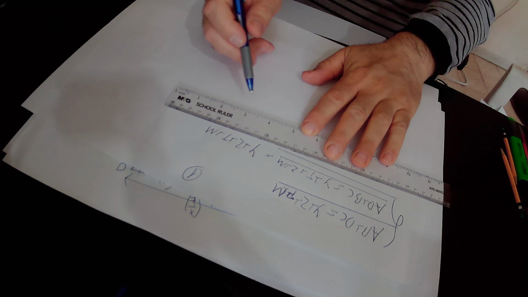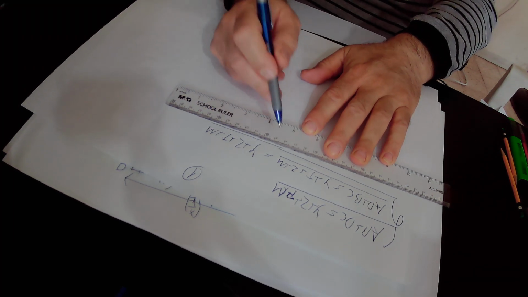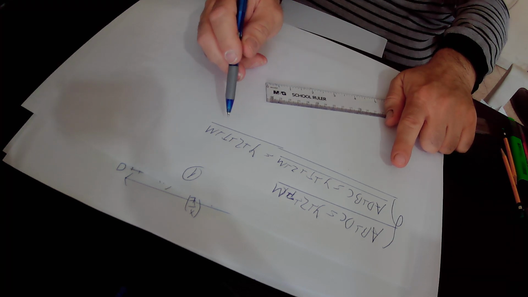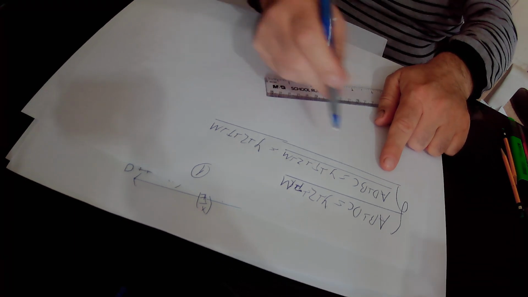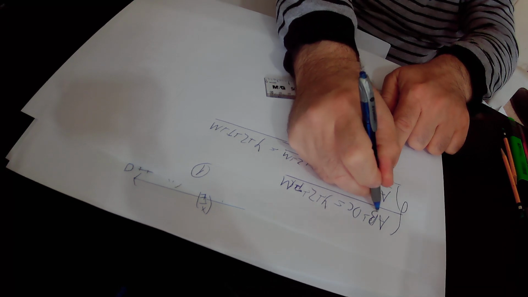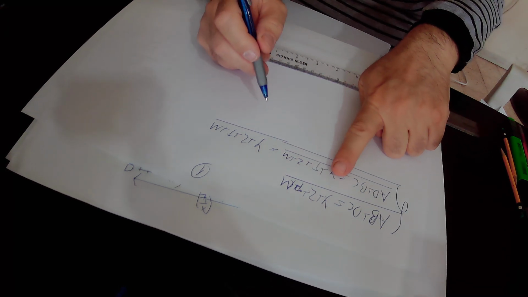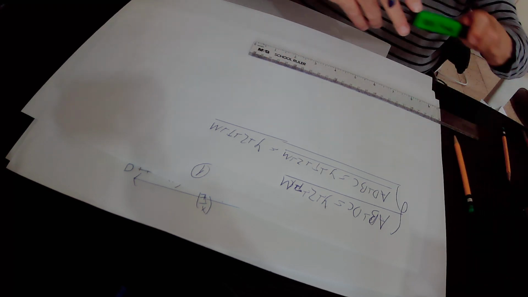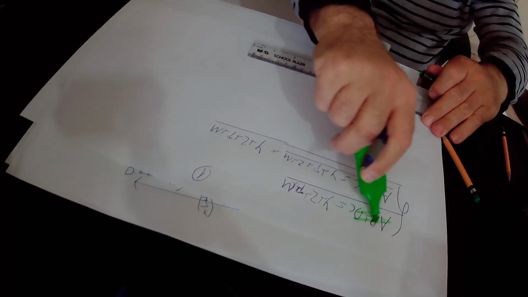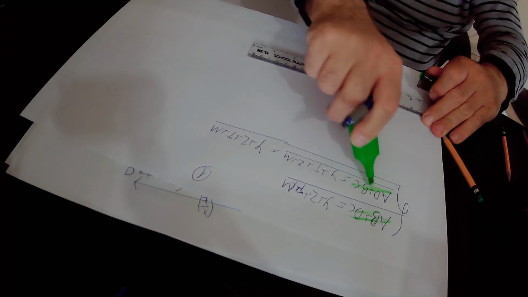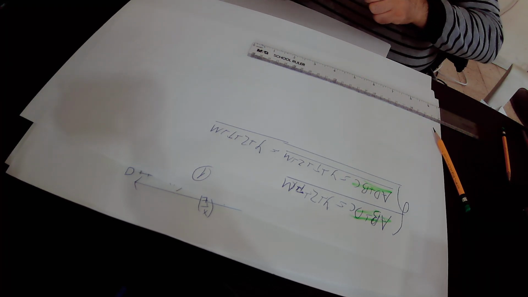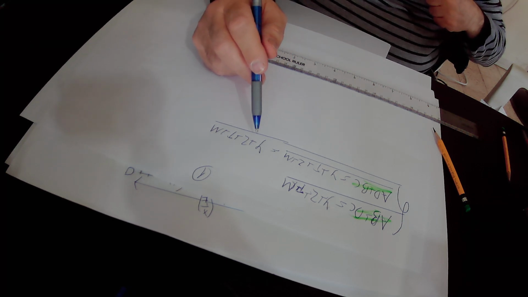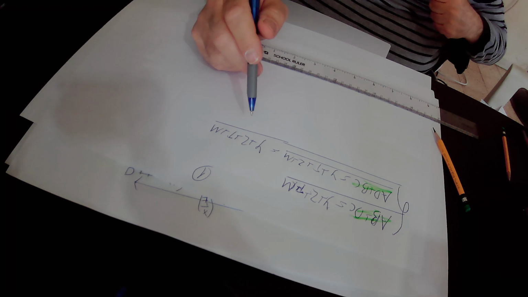And finally we found out that AD plus BC equals Y plus Z plus T plus M, and AB plus DC also equals Y plus Z plus T plus M. So those two expressions, the green color, are both equal to the same third expression, that is Y plus Z plus T plus M, therefore they are equal to each other.